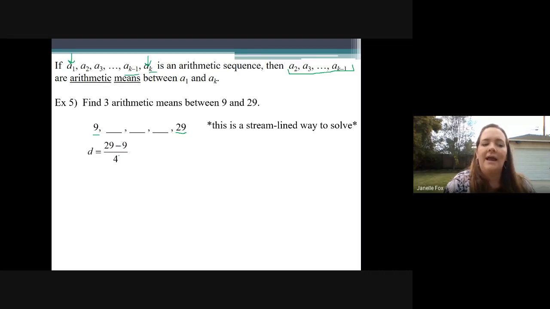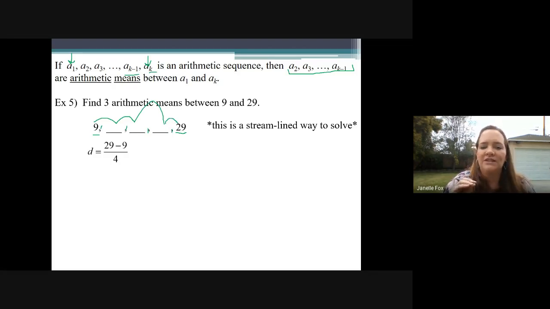And then we divide by the number of steps it is from the first to the last, or I like to count commas, actually. Because I've set up my list beautifully, I have 1, 2, 3, 4 commas, or you can think of it as 4 changes. So 1 change, 2 change, 3 change, and a 4th change.